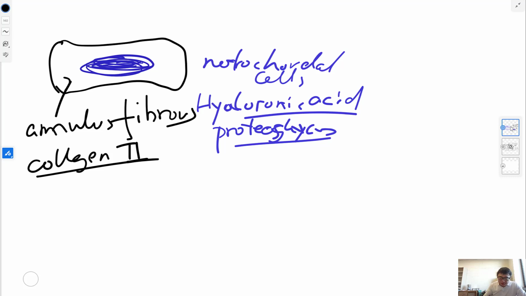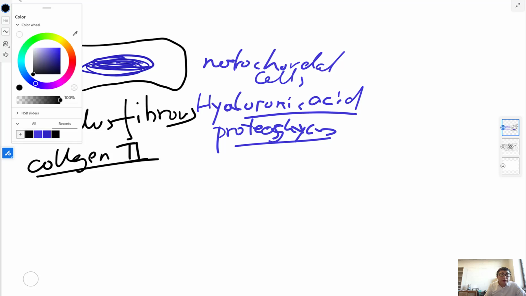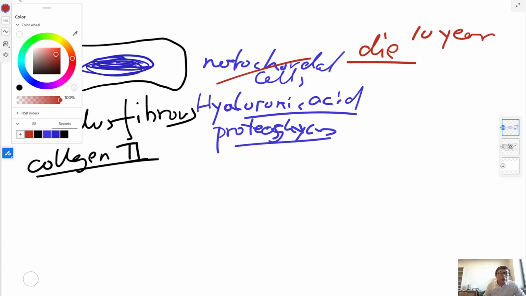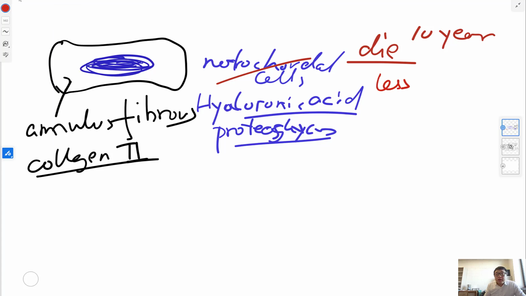But in some cases, however, they start to die, maybe as young as 10 years old. And when the notochordal cells gradually die, they first produce less content, less hyaluronic acid, proteoglycan in the center, so there is a reduced volume of the nucleus pulposus.